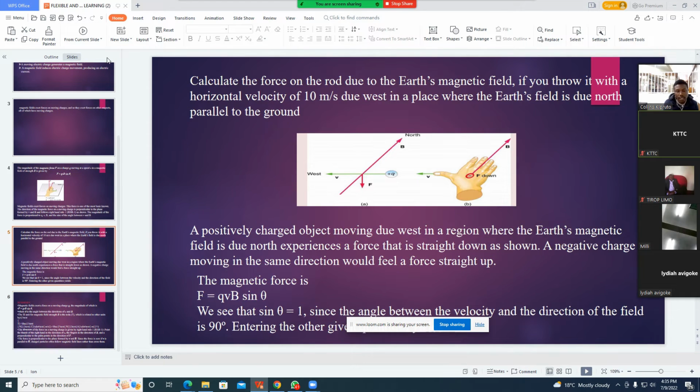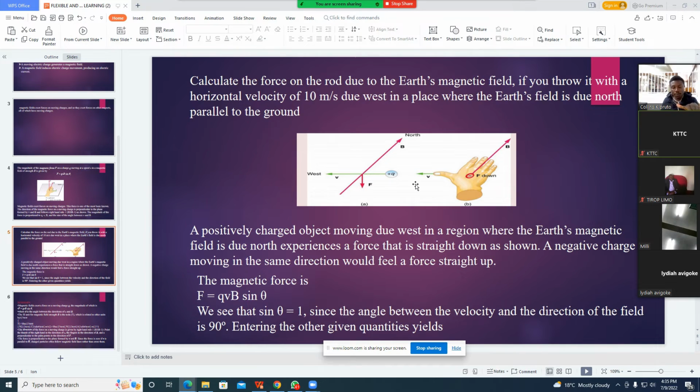We see that sin theta equals 1, since the angle between the velocity and the direction of the field is 90 degrees when using your thumb and the fingers. See the 90 degrees. So entering the other quantities yields the answer.